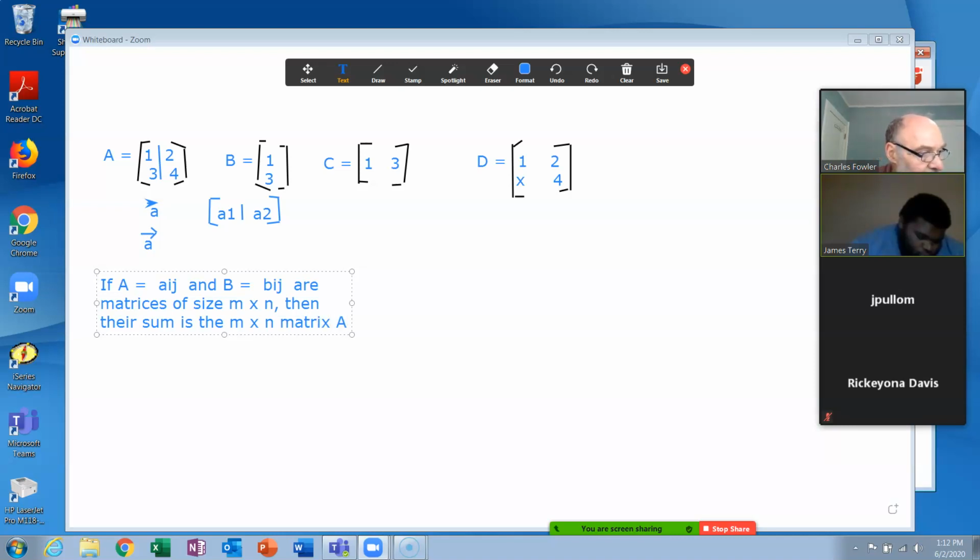We'll name it A, cleverly named, plus B. And that matrix A plus B will be equal to the A IJ entry plus B IJ, those are supposed to be subscripted.